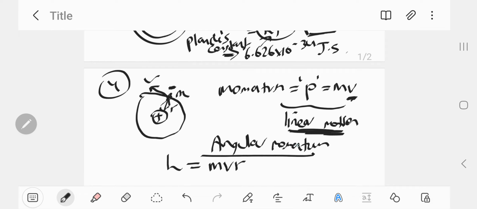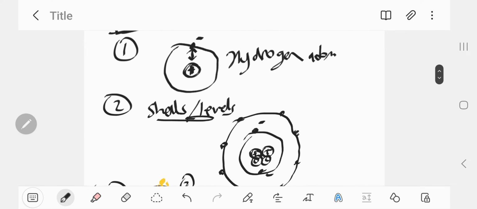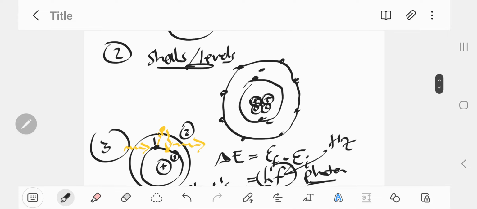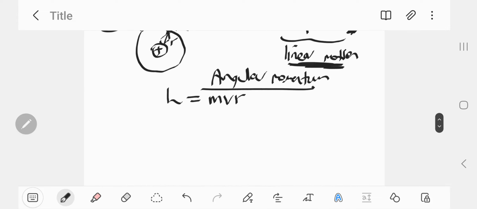And Bohr said that this postulate is actually linked to the second postulate that he proposed over here, that electrons can only be certain distances away from the nucleus. And since the radii of electron shells are quantized, then so must their angular momentum be. So in other words, I'm going to use the letter n.